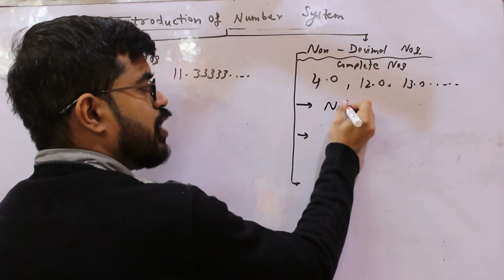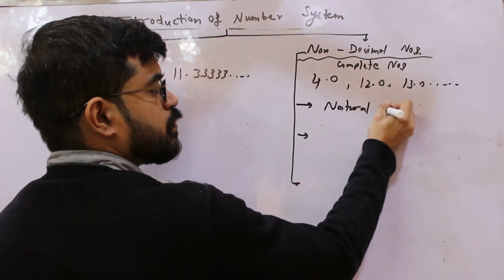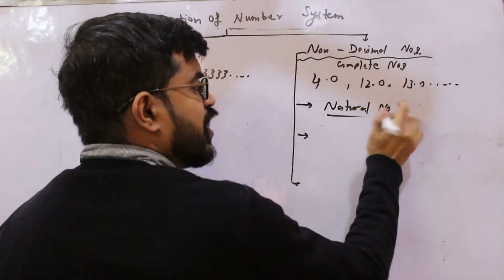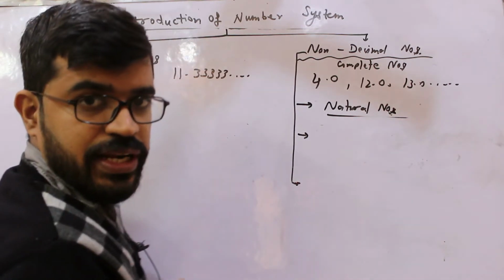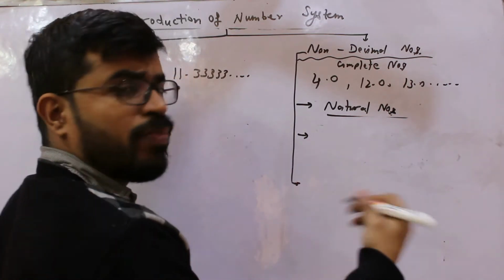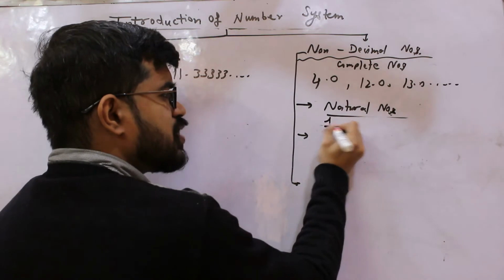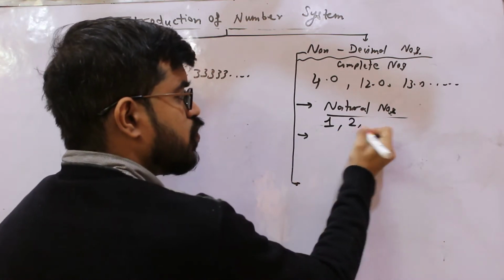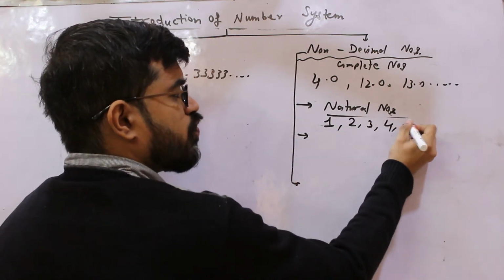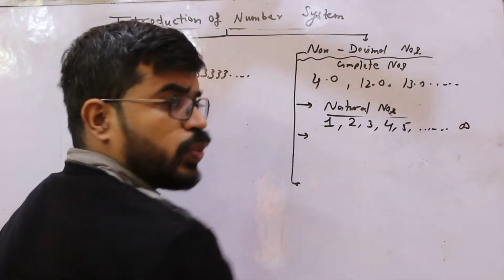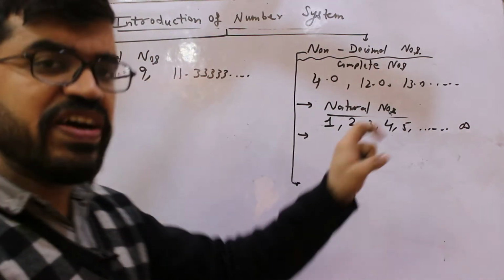First one is natural numbers. Now, what are natural numbers? Natural numbers are basically the basic counting, normal numbers. It starts with digit 1 and goes like this: 1, 2, 3, 4, 5, and it goes to infinity. It will never end.